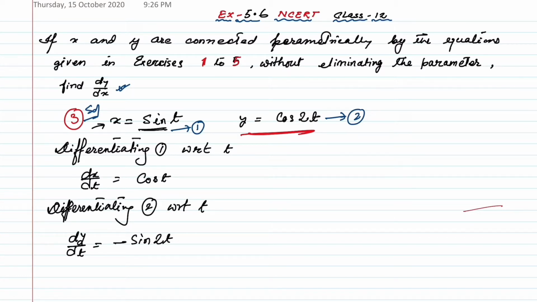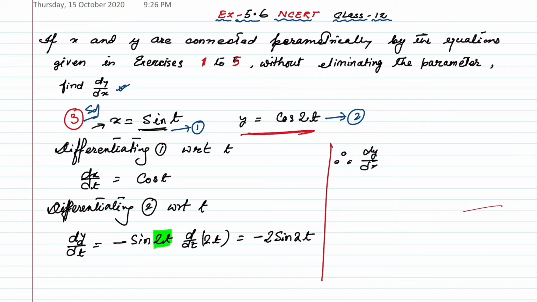Again you have to differentiate twice t, d dt of twice t, then you must get 2, isn't it? So then the final result is minus 2 sin 2t.